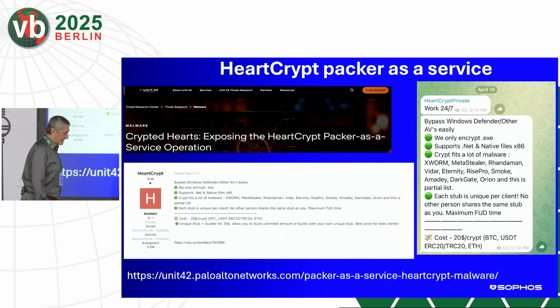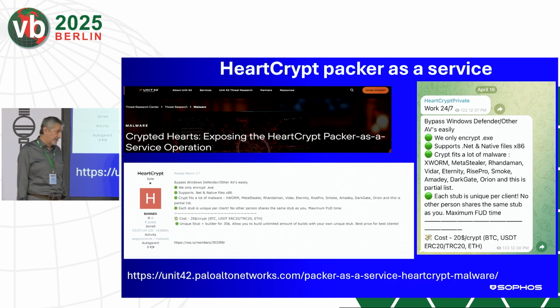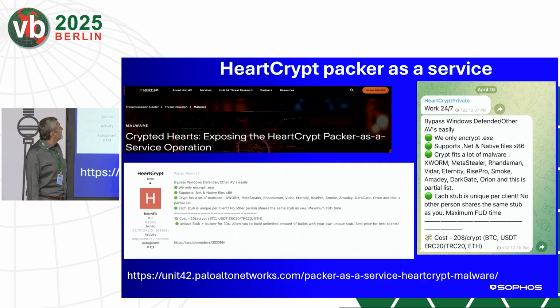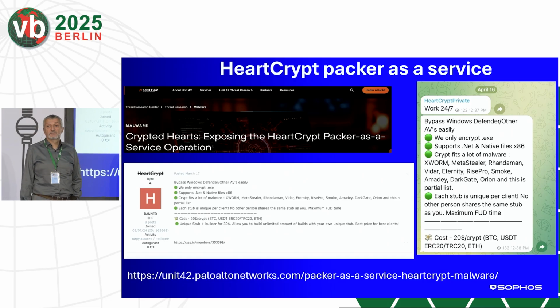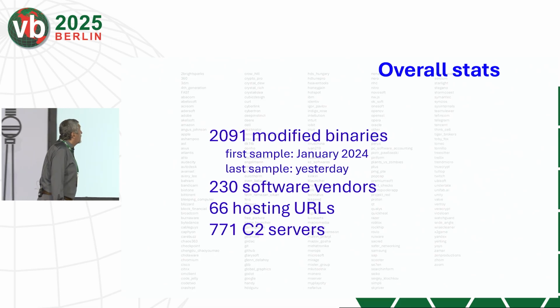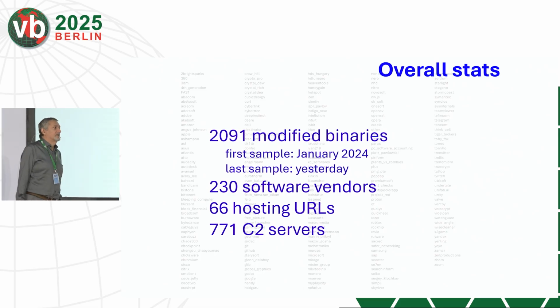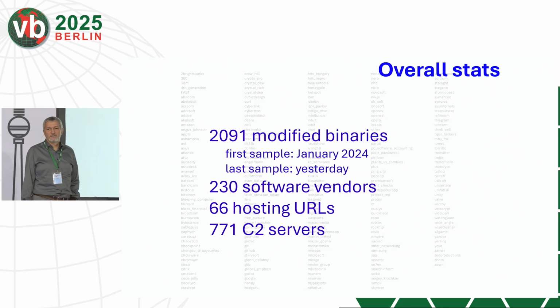It is being distributed, it is being promoted through underground forums and Telegram channels. And this Packer as a Service costs about $20 per sample packed with this Packer. Overall, we found over 2,000 of these files packed with this service.